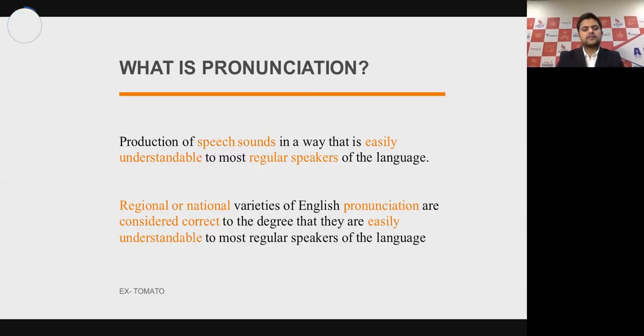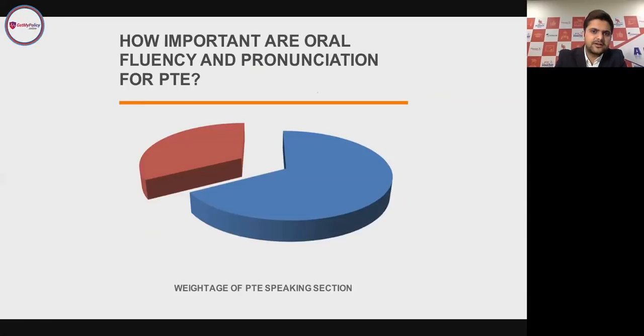Now, the very next question that comes to mind is how important is oral fluency and pronunciation for the PTE test? Let me tell you that oral fluency and pronunciation is very, very important for the speaking section of PTE.